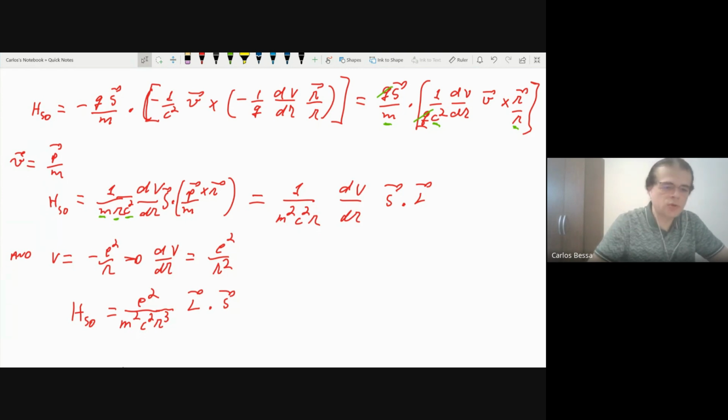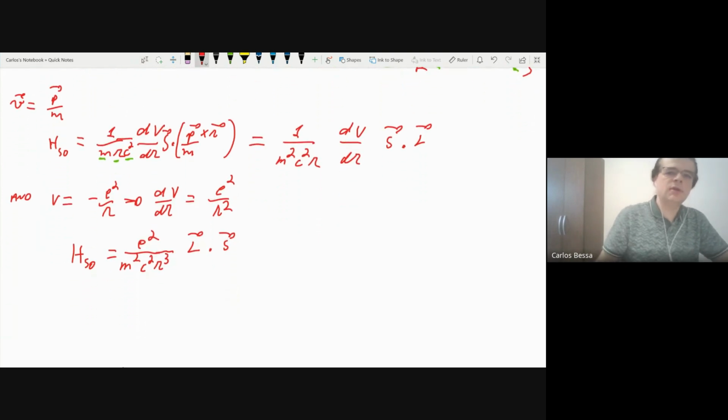So we can see the magnitude of this term compared with the other Coulombian term. So this is about this term that we just found.